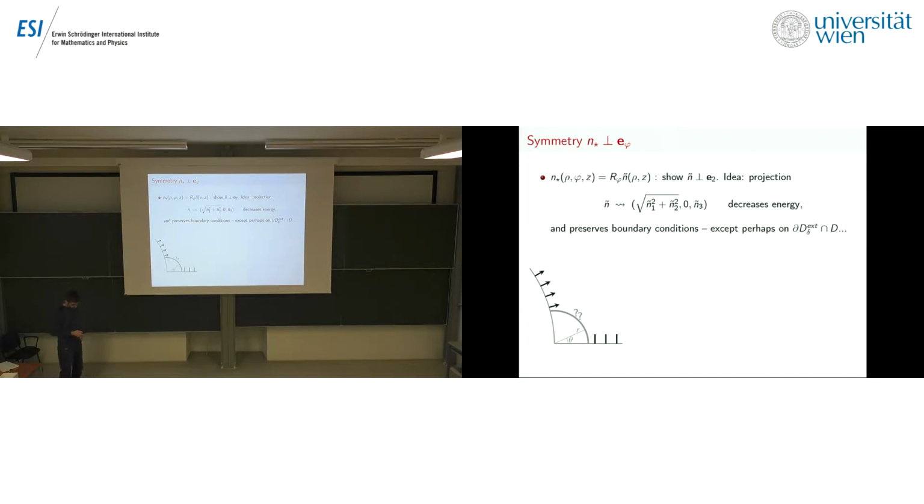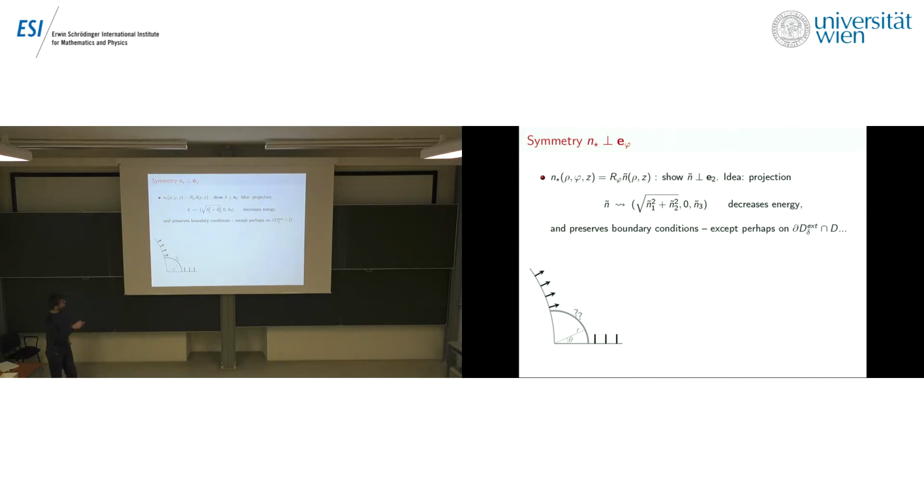And the reason why it should do so is actually the same reason why geodesics on the sphere are along great circles, right? Because you would lose energy by deviating from a great circle. And how do you see that? Well, if you project your n tilde into something that stays in the plane, then you actually decrease energy. But are you allowed to do that? Yes, you are allowed if you are staying in your admissible space, right?